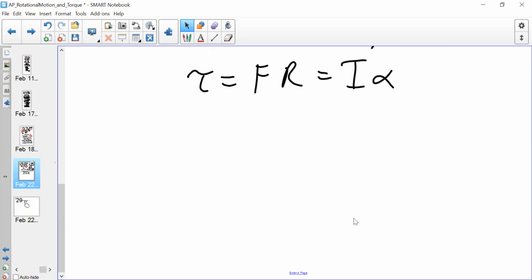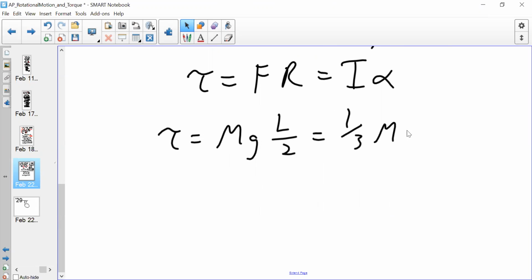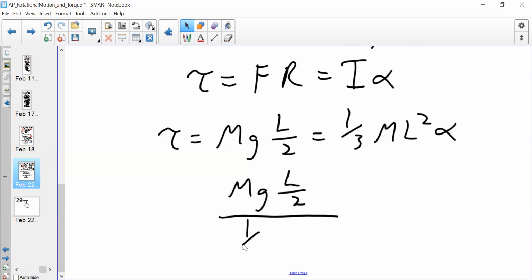So the force in this question is going to be mg, the distance where the force is applied from the pivot, L/2. Moment of inertia of the rod is 1/3 ml squared, times alpha, and we can solve for that. So what we have, mg L/2, 1/3 ml squared.